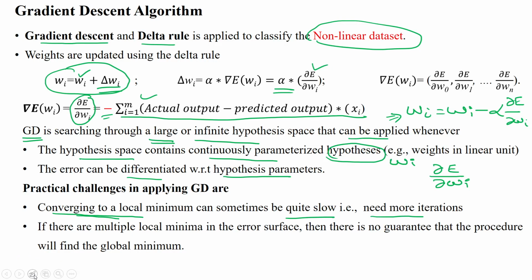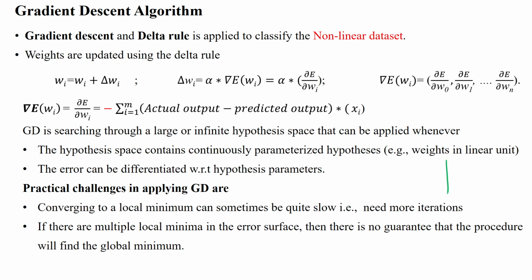If you have a local minimum in the search space like this, there is the possibility of getting stuck in this local minimum, but our global minimum is available here. Due to getting stuck in the local minimum, it will take more iterations, and the process will be a little slow. If there are multiple local minima in the error surface, there is no guarantee of reaching the global minimum.